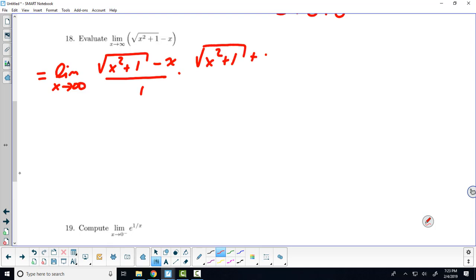Folks, you don't have to do that. There's other ways to get through this problem. But all ways for getting through this problem involve some way of making this into a fraction as opposed to a sum or difference. So I like this way.